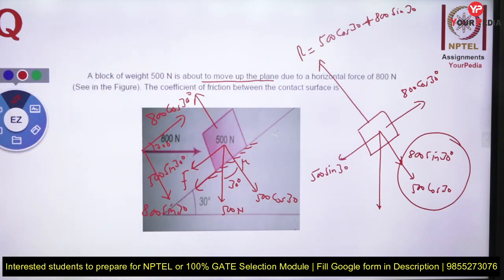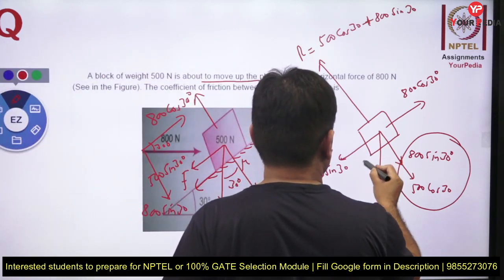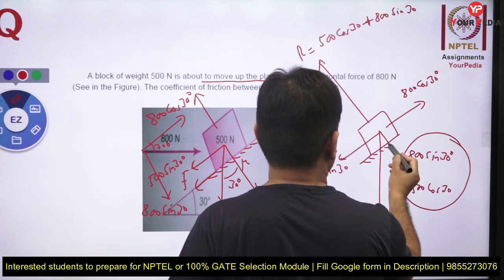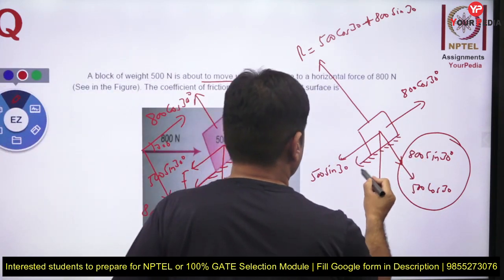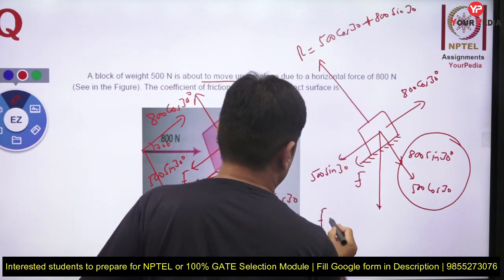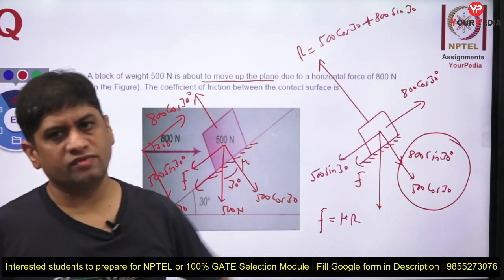Now this body will start moving. The friction force is nothing but mu into normal reaction, and this is the normal reaction we have obtained.